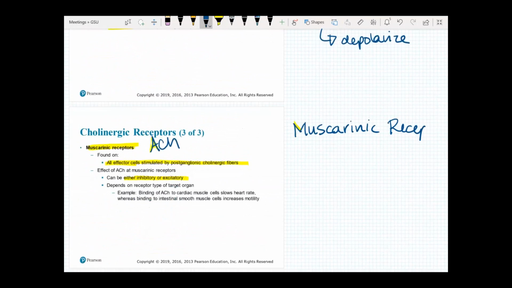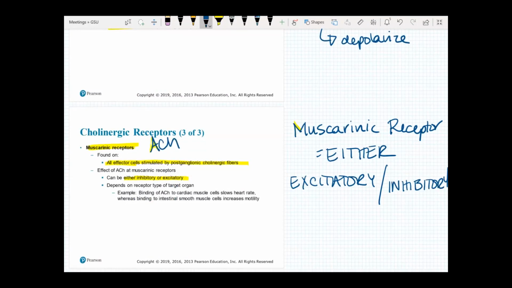It depends on what it is actually connecting to, so it will depend on the effector gland or the target organ. Excitatory will turn on or depolarize that membrane. If it's inhibitory, it will hyperpolarize the membrane, so it doesn't turn on.